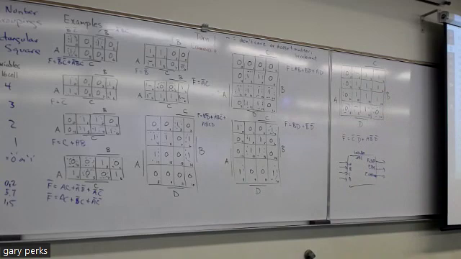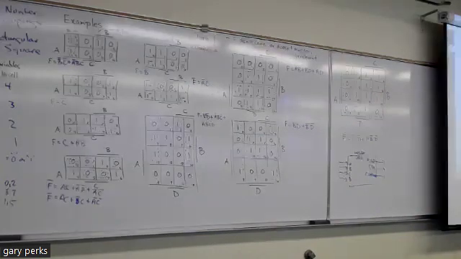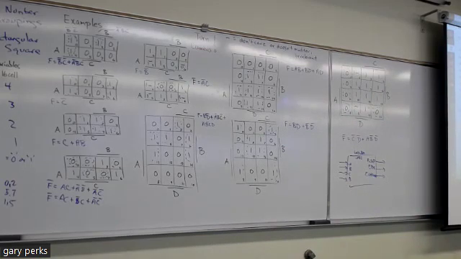Before I pass out the activity, or as I'm passing it out, are there any questions about anything that we've gone over? Now, to tell you the truth, I don't know why F is the popular letter of variable for a logic output. There's probably some reason, but you can use any variable. There's nothing special about that.